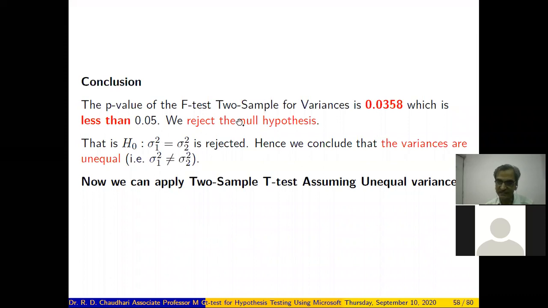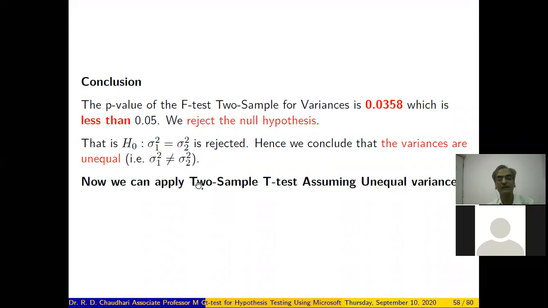When we reject the null hypothesis, that means H0, sigma square 1 equal to sigma square 2, is rejected. It means that the alternative hypothesis H1, sigma square 1 not equal to sigma square 2, is accepted. So we conclude that the variances are unequal.